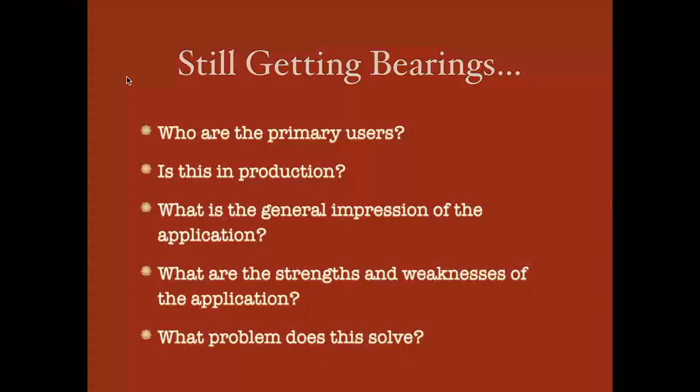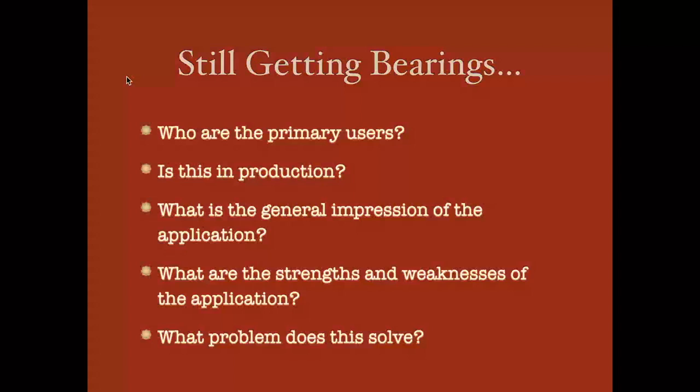So, moving along with this, where am I? Well, who are the primary users? Like the desktop application I talked about, if it's a help desk desktop application, it's the help desk staff. It may or may not be obvious, but that's definitely one of the things you need to know: who's actually using this thing. Along the same line, is this even in production? Is anybody using this?